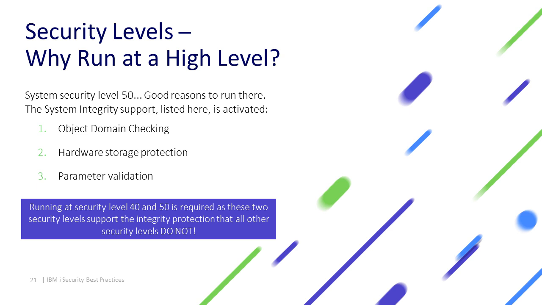You have some direct access capabilities to go get data. When you run at the higher security levels, you have additional protection for your IBM i objects through these three capabilities I have listed here, which we won't go into a deep discussion on. Basically, the system prevents direct access by an application program.